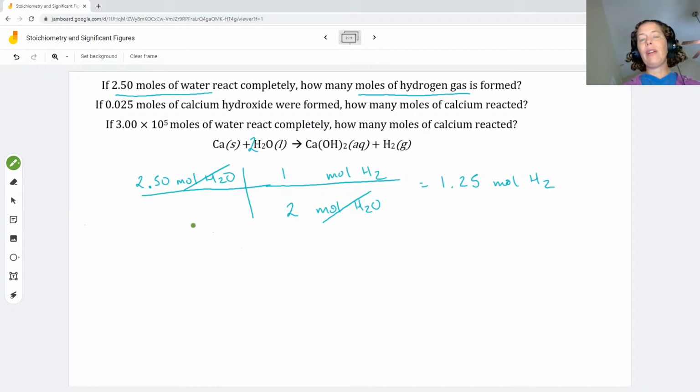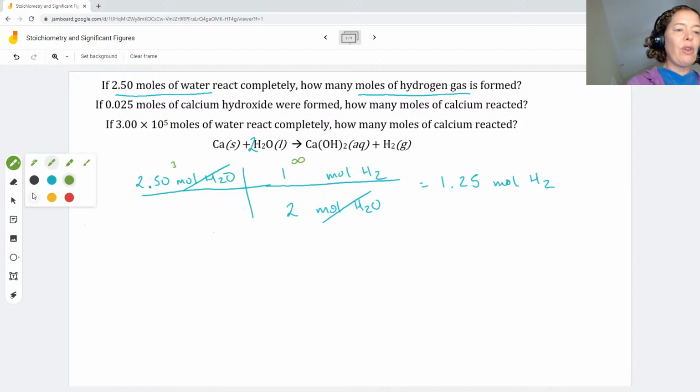Our 2.50 has 3 sig figs, and our mole ratio, you might initially be tempted to say just has 1 sig fig, but this is an exact number, so therefore it has an infinite number of sig figs. So your mole ratio will never limit your sig figs in any way. That means my answer needs to have 3 sig figs, which I already have, so I don't need to round this any further. So my final answer is 1.25 moles of hydrogen.